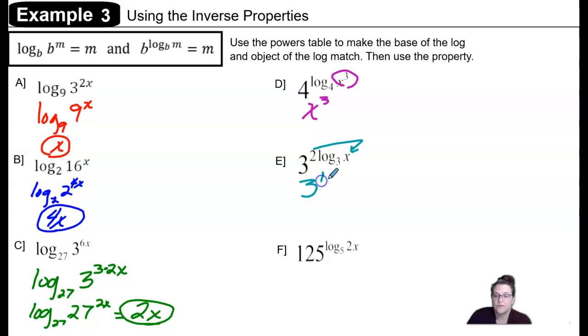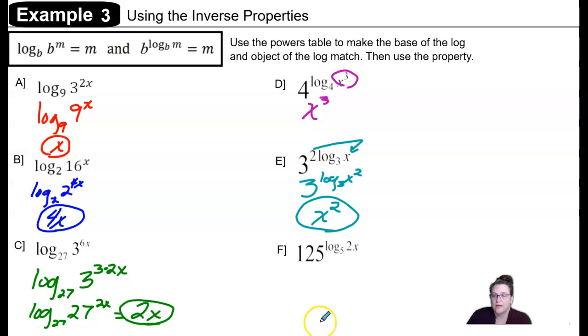So that's 3 raised to the log base 3 of x squared. And now that our bases match and we're in that inverse property form, 3 raised to the log base 3 of x squared, we take the argument of that log, x squared, and that is our answer.